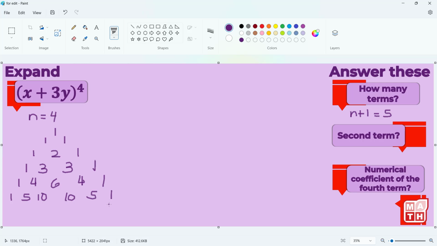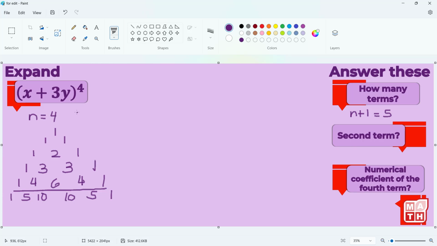We can continue with the idea of this Pascal triangle, but we already have a mark on what would be the correct coefficients. Take note that there are 5 terms here. Hence, we pick the row with 5 coefficients, and that is this row here, the row of 1, 4, 6, 4, and 1. We have 5 coefficients here, corresponding to the 5 terms.